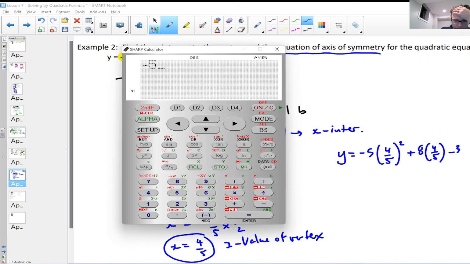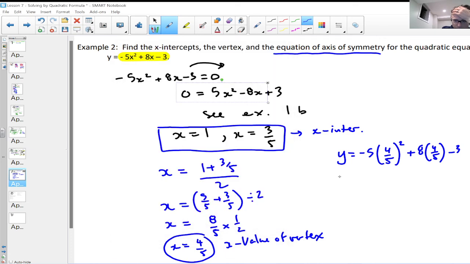So negative 5 bracket 4 divided by 5 squared plus 8, 4 divided by 5 minus 3. And here you can see my y value is 1 over 5. So that means my vertex is 4 over 5, 1 over 5.